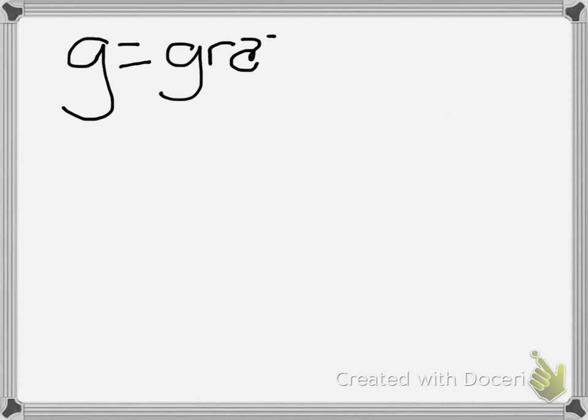So first we start with variables, and our first variable is going to be G, which is going to be the granola with 30% nuts.